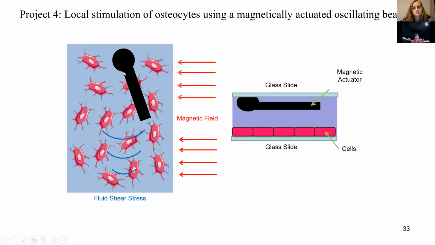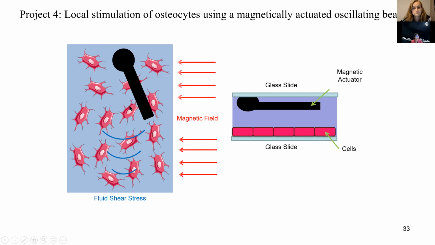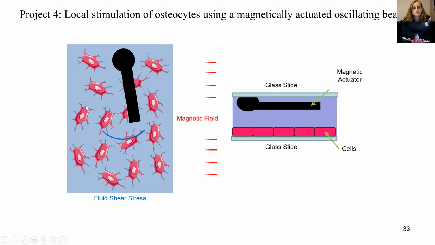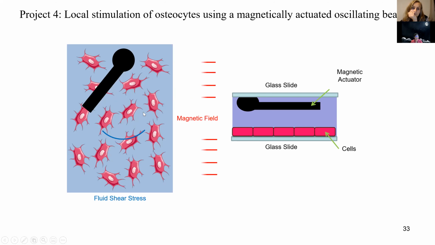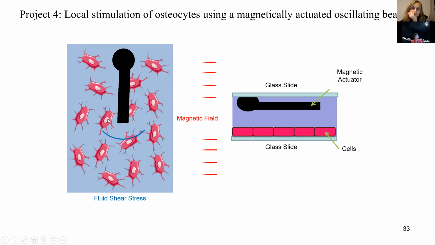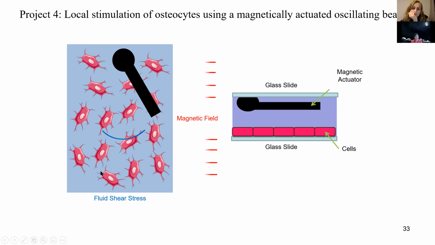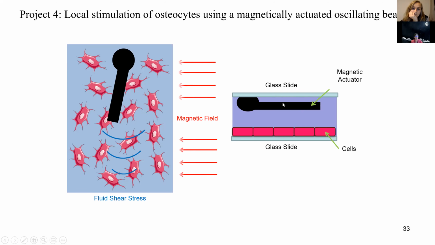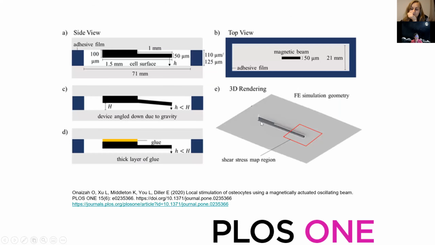With this magnetic-field-manipulated beam swinging, we can very nicely control the force or shear stress gradient. So we can see how cells respond to high shear stress versus low shear stress, and how they communicate with each other. This is just the side view. We have the magnetic actuator going back and forth, and this is a glass slide where the cells can sit on it.